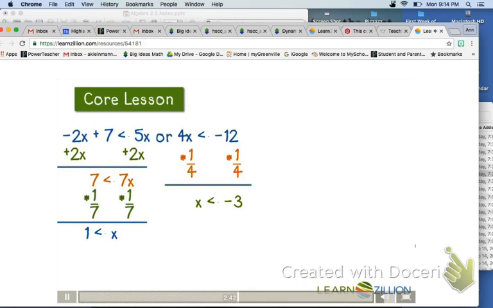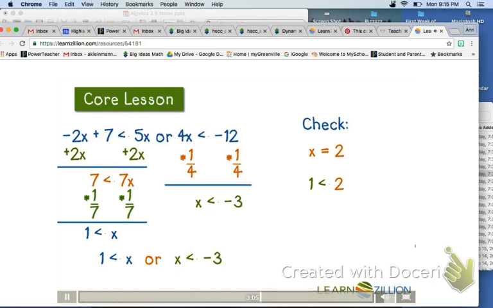Remember here that since we multiplied by positive numbers, we keep the inequality sign in the same direction. So here our solution to this inequality is 1 is less than x, or x is less than negative 3. Any number that we choose for x must satisfy one of these. Let's check this. Let's choose x equals 2.